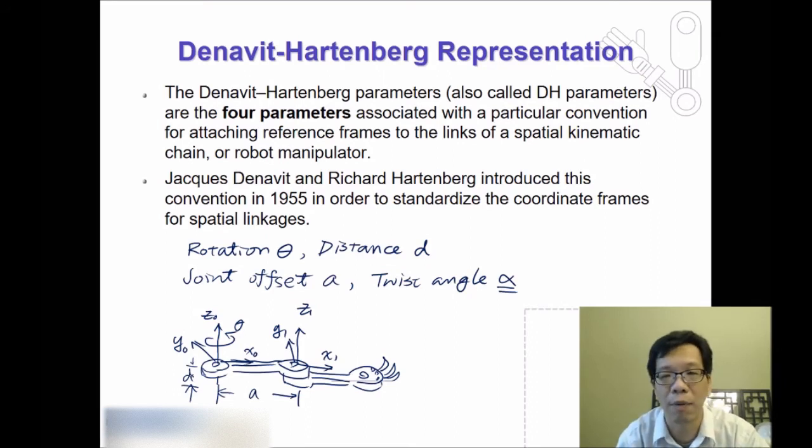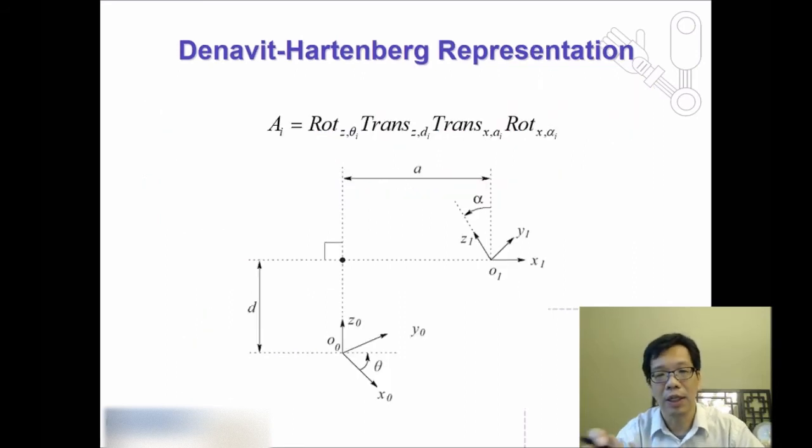So those are the four parameters that we need to deal with to calculate the transformation matrix from joint 0 to joint 1. When we combine everything all together, we still follow the rotation matrix and the transformation matrix we derived in the previous part of this module.